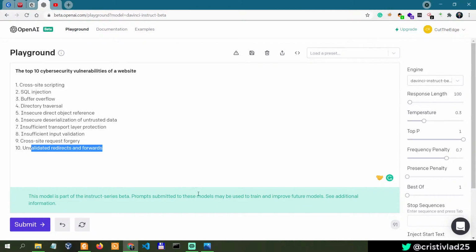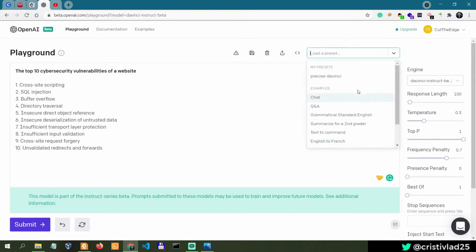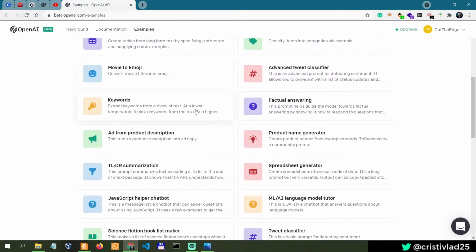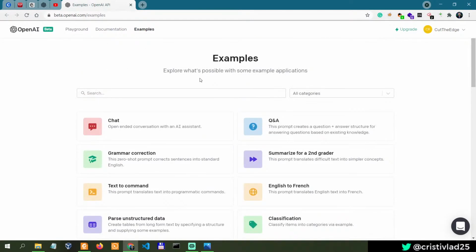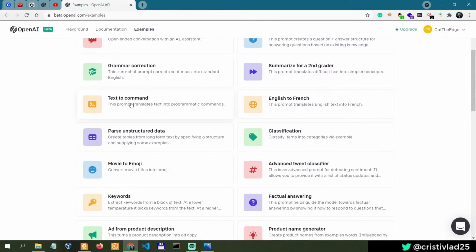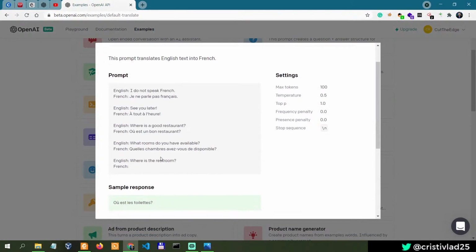Okay, so I should probably stop here and maybe look into the playground more in the next live stream, with some more of these presets. Maybe we'll look into the more examples that are provided here in the ever-growing list of examples. These are different prompts, English to French.